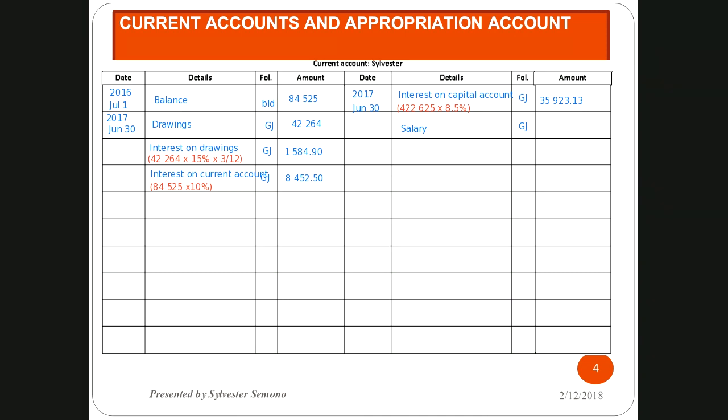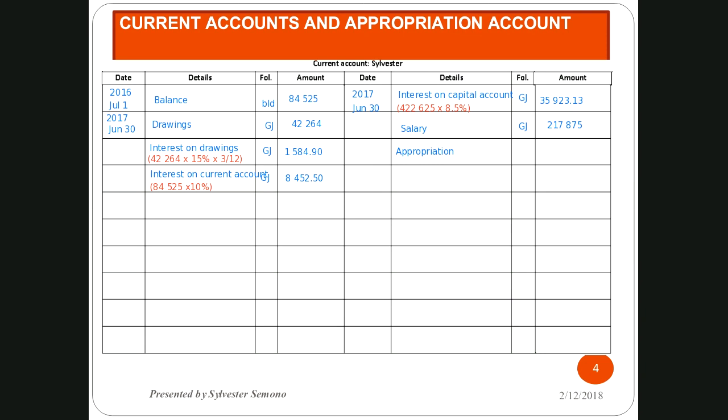Number 6, the remaining profit must be distributed, so we have to give the profits to distribute here. Remember, when you distribute, it means this will benefit the partner. So the partner's account must be increased. So we need to come to the credit side, and we use an account called appropriation to divide the profit among partners. And again, in this case, luckily, we have been given the profit which we need to divide amongst the partners.